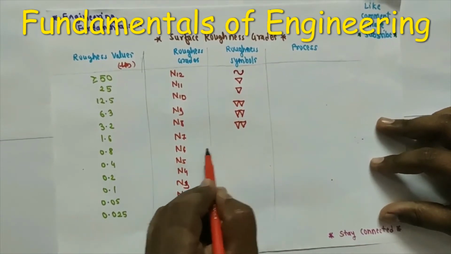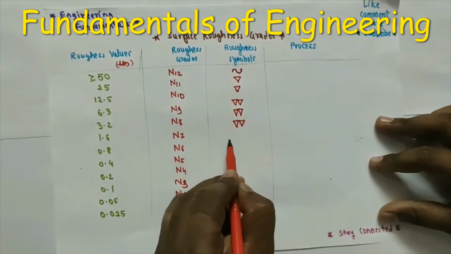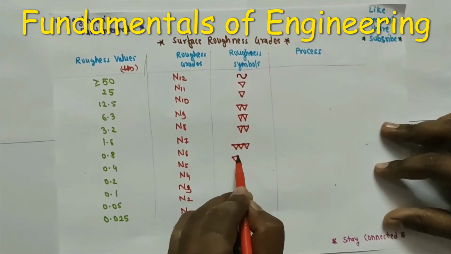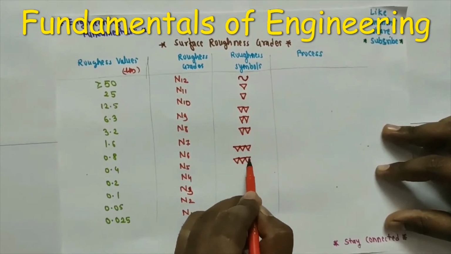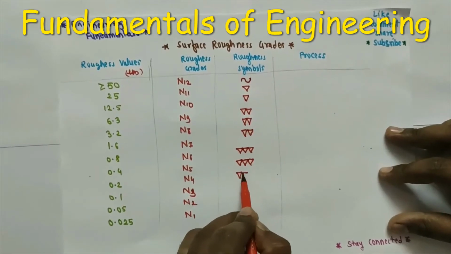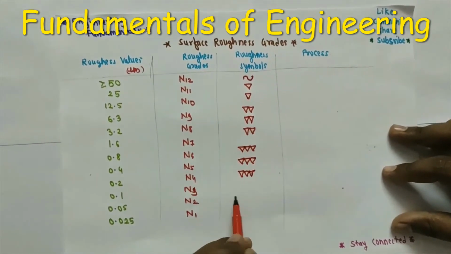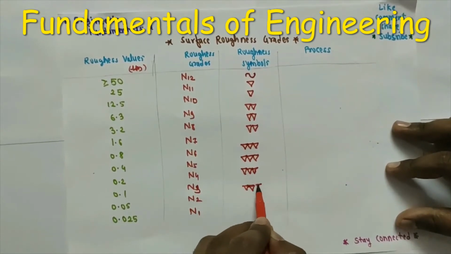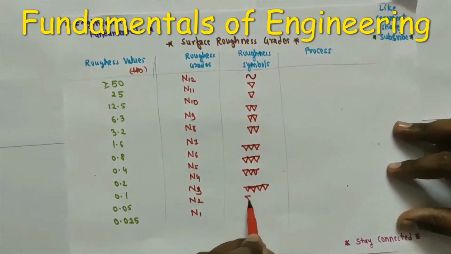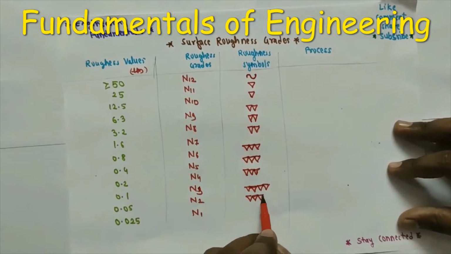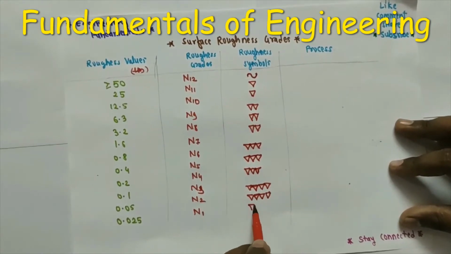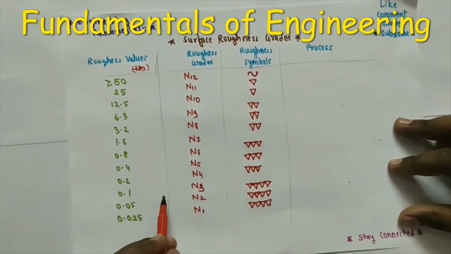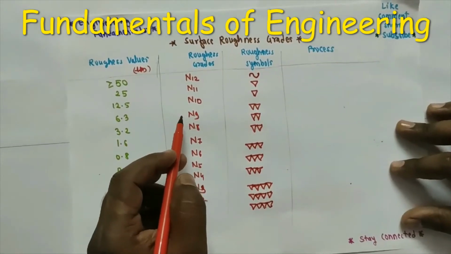Then N6, N5 and N4 are given by three triangles, and N3, N2 and N1 are noted by using four triangles. So based on how many triangles are mentioned in the drawing, we can get the roughness value and the grades of roughness.